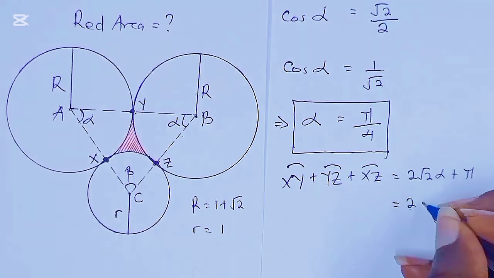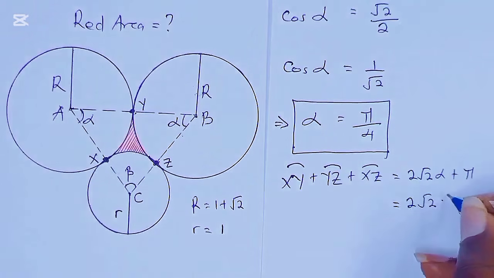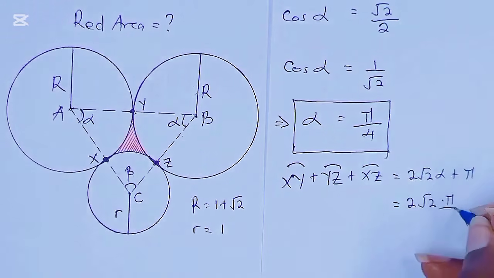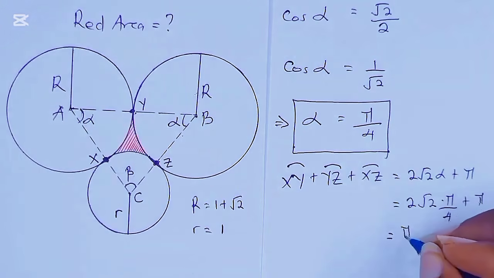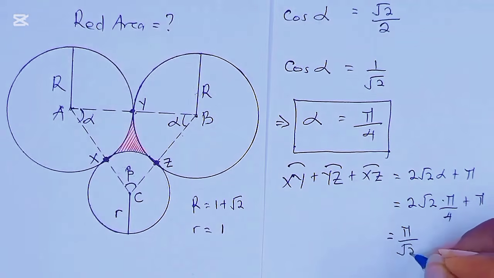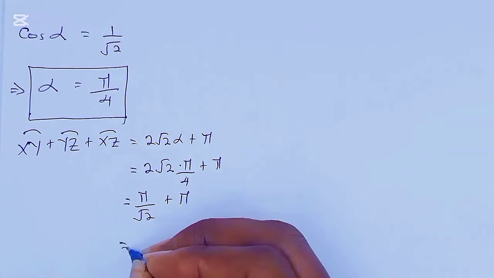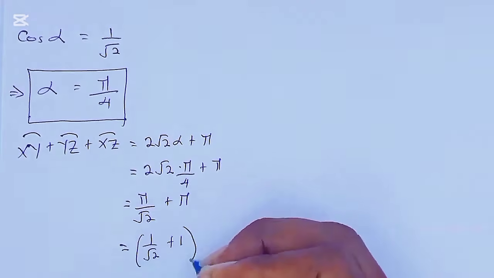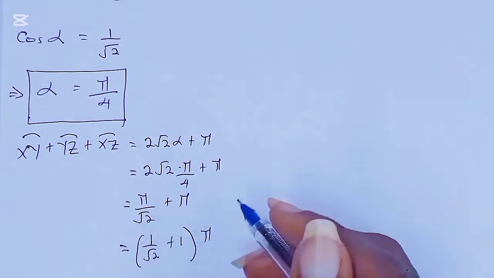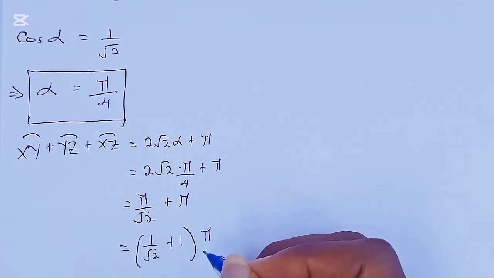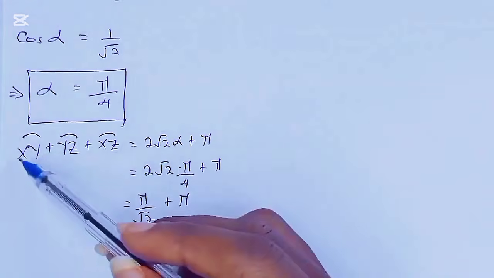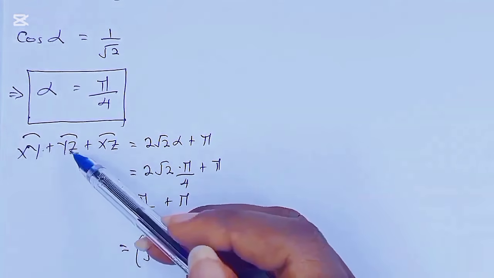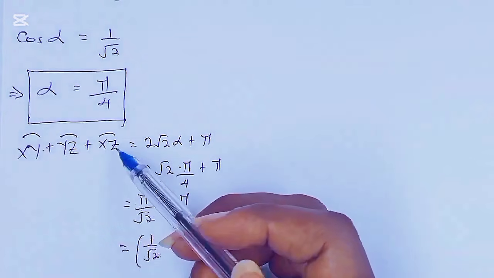So this is equal to 2 root 2 times alpha, which is pi over 4, plus pi, which is equal to pi over root 2 plus pi, which is equal to 1 over root 2 plus 1, times pi. Since pi is common, we take it out. So yeah, this is the value of xy plus yz plus xz.